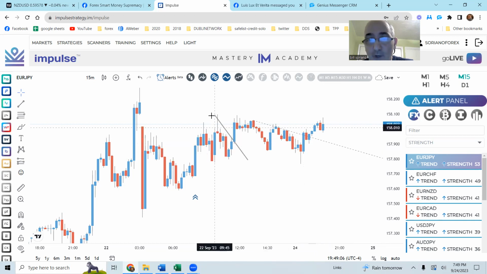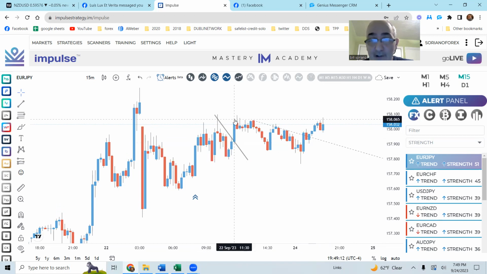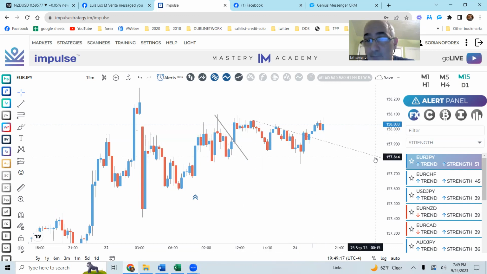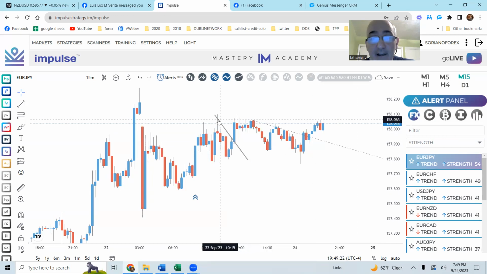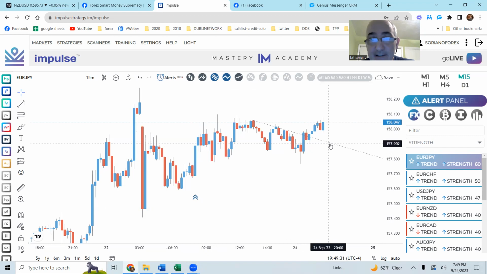Okay, so that's one way that you can use this scanner. So you could have gotten in back here, right? It may have painted a trend line for you here, but it's only going to show you the last trend line if it's pretty recent, right? So this is how you can use this to determine to get into trades.